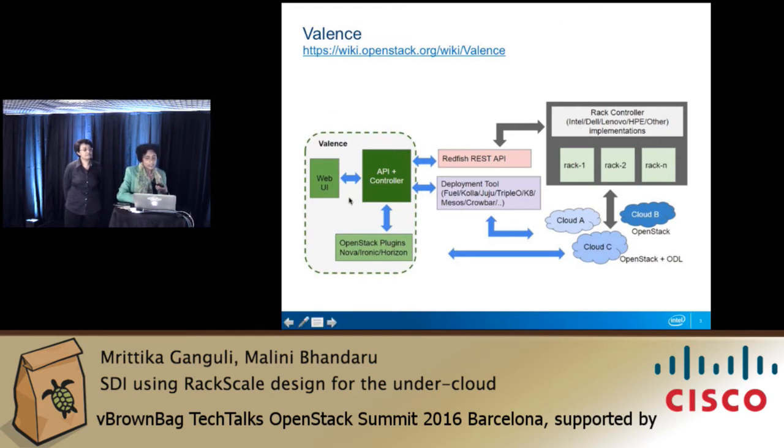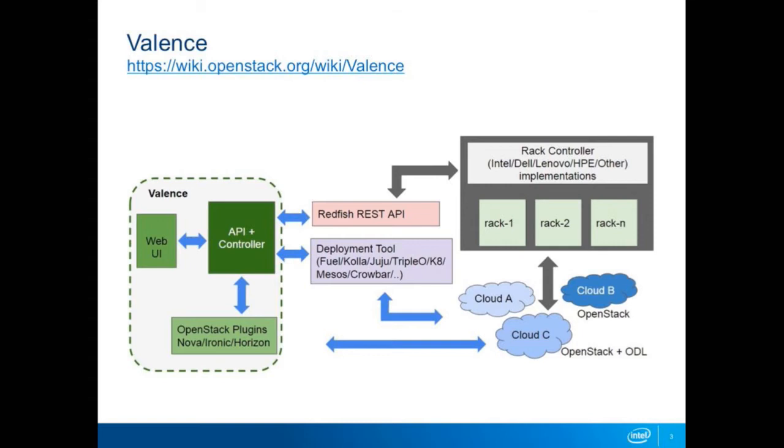Valence, as you see, is the bunch of green things over here. There will be a web UI to make it easy for you to see a visual representation of things. There will be an API controller, which talks in the back end all those RedFish API calls. When you're talking about an OpenStack cloud, you'll have these plugins.